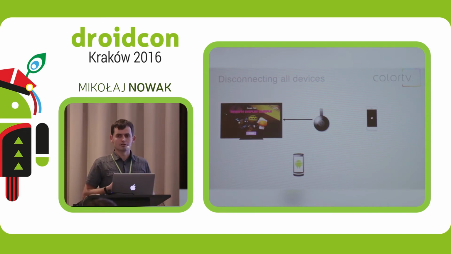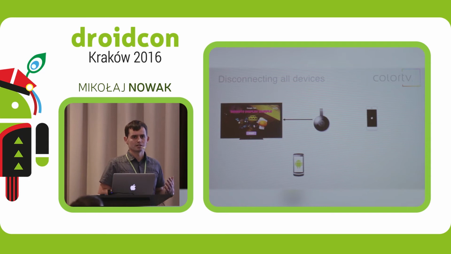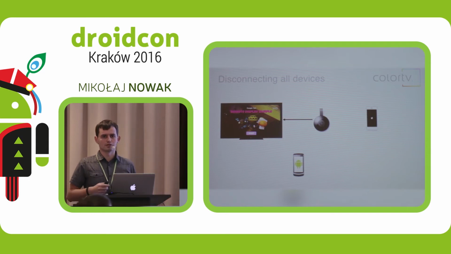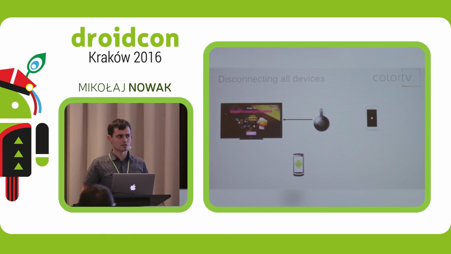If you'd like to close the application, then you need to remember that Chromecast likes to disconnect quite often, and you cannot recognize on your Chromecast device if the disconnection was just a suspension of connection or your application on mobile was closed. So you need to use some tricks, for example, timeout, in order to close your application.